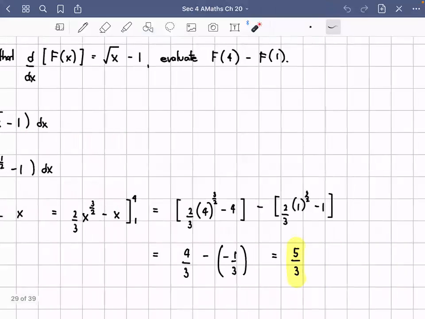We plug in 4 being our upper limit, and then minus the same expression with a different value, 1 being our lower limit. So simplifying this, our answer is 5 over 3.